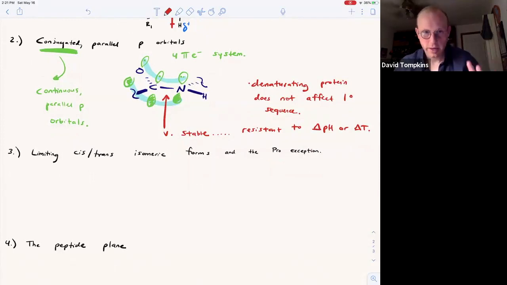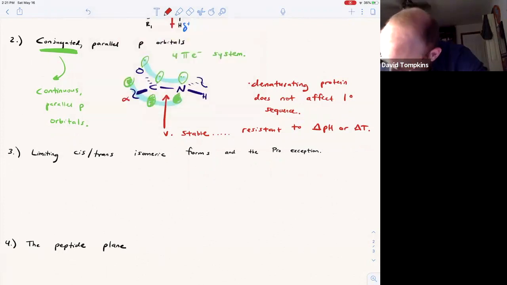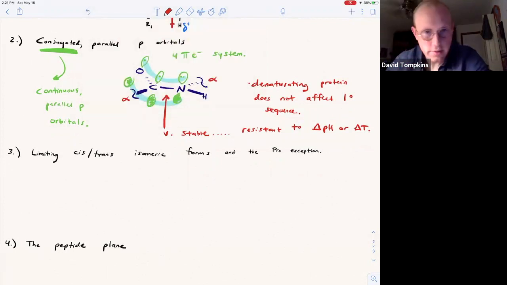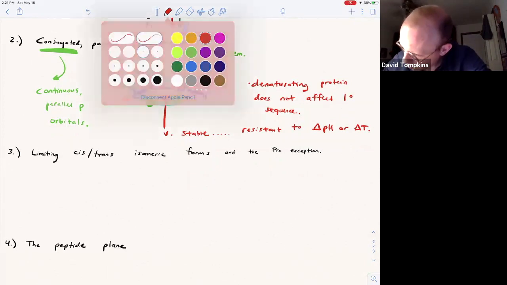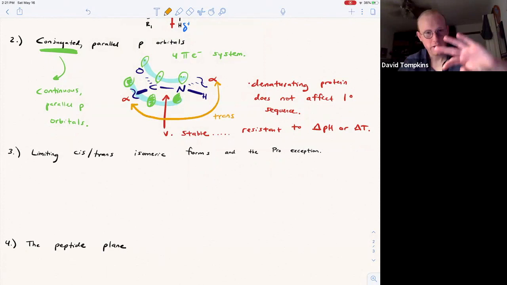Now, in order for those to be parallel p orbitals that are conjugated, they can only be in cis or trans conformation. So I've shown here that you have alpha carbons across or trans to one another, and it could rotate 180 to become cis, but it will not sit in any conformation in between those because the p orbitals must remain parallel.